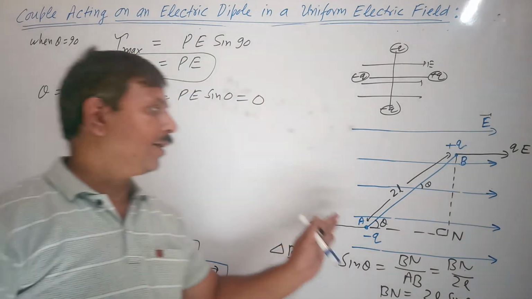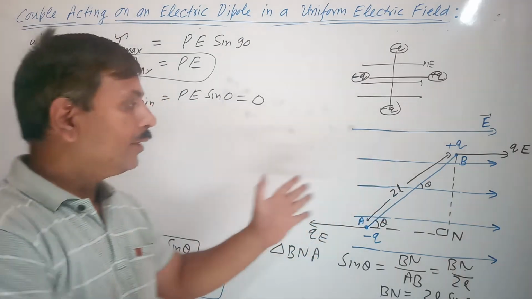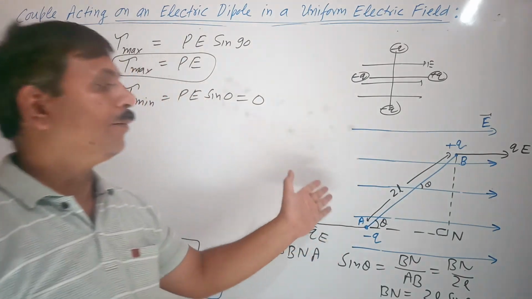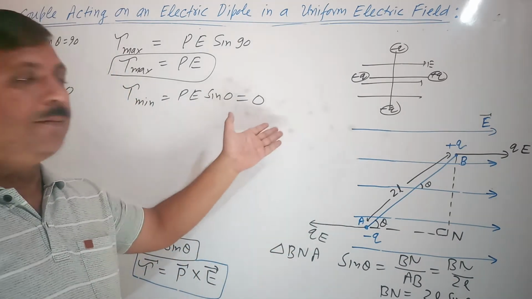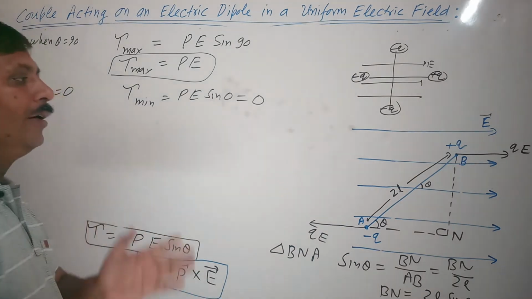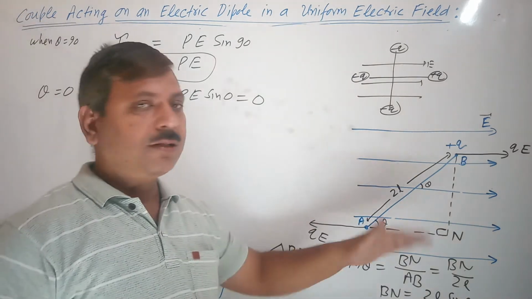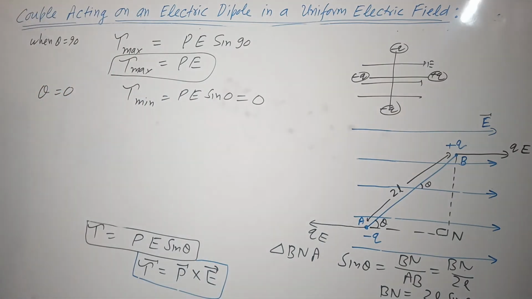So you can see here, the torque always has a tendency to take the electric dipole parallel to the electric field, at which time the torque becomes 0.